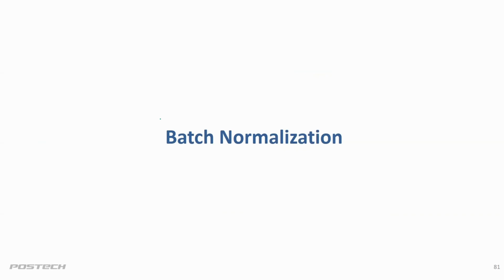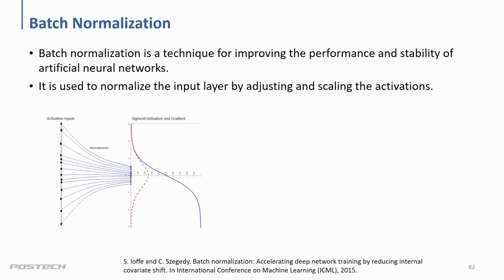Another thing is batch normalization, and let's see what it is. Batch normalization is a technique to improve the performance and stability of artificial neural networks. The idea is extremely simple. We normalize the input layers by adjusting and scaling the activations.